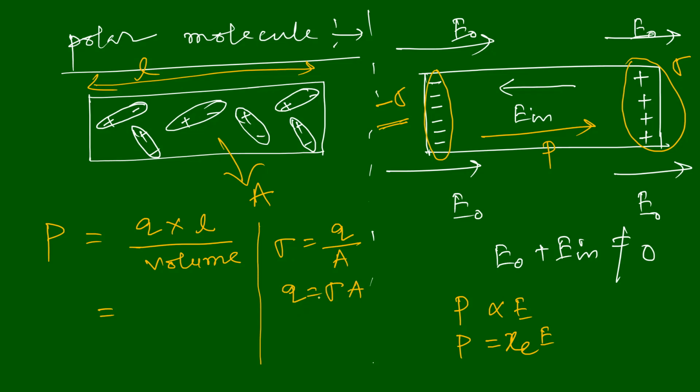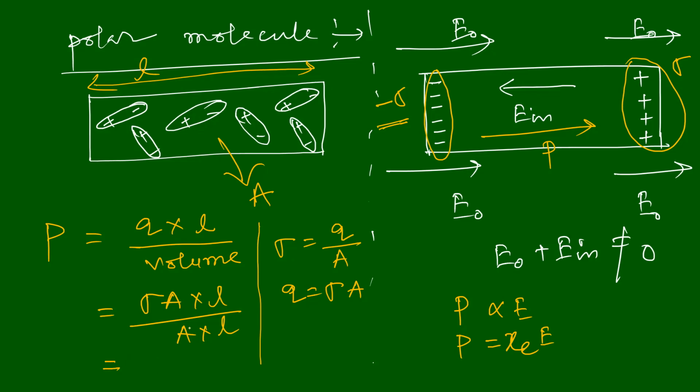In this case we are using the mod value, so I'm not writing the negative or positive sign. So Q equals sigma into A into L, divided by the volume. Volume equals area multiplied by length. So the polarization equals how much?